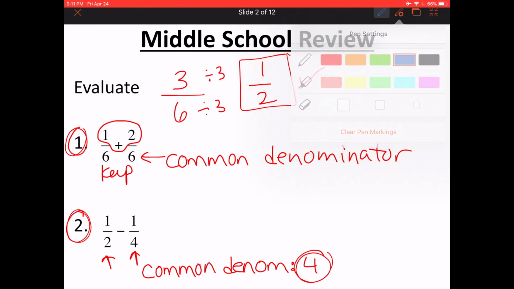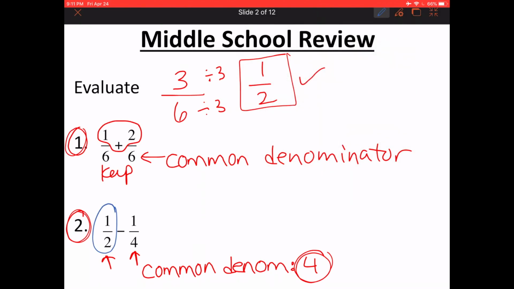So, in my first fraction, 1/2, to get the denominator of 2 into 4, I'm going to multiply it by 2. But if you do something to the bottom of the fraction, you have to do it to the top of the fraction. So I'm also going to multiply the top by 2. My second fraction, I don't have to do anything because the common denominator is already there as 4.